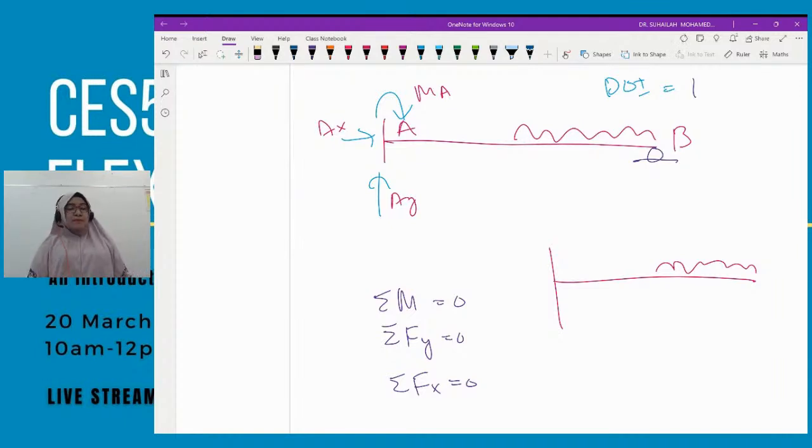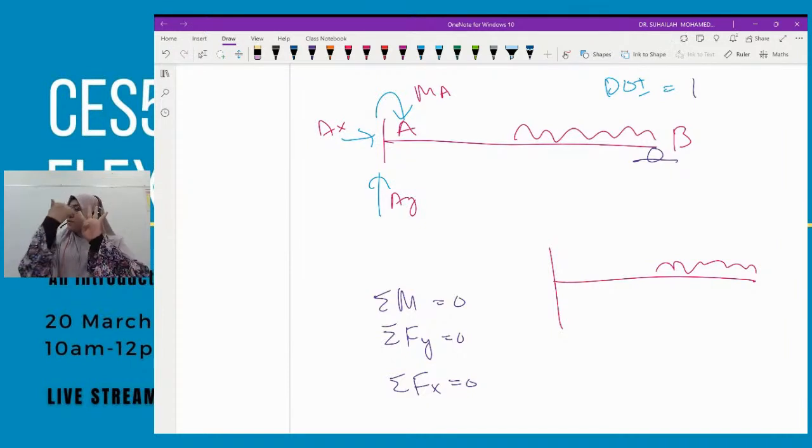The idea is like this. When we have a determinate structure, a determinate beam like this cantilever beam, we have 3 unknown reactions, and these can be determined using 3 equilibrium equations. Now, we have 4 unknown reactions.